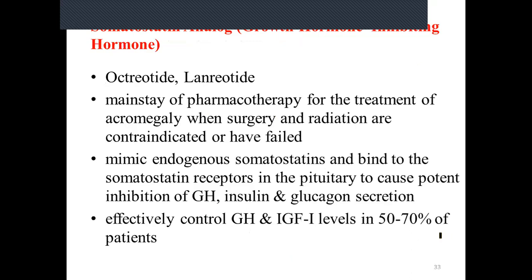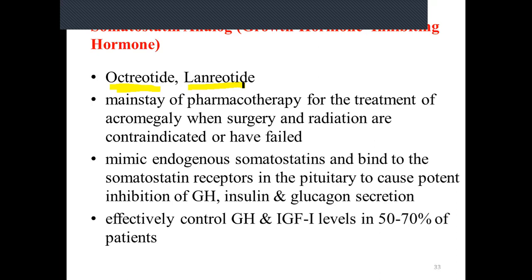So as I mentioned before, somatostatin analogs, we do have the short-acting octreotide, and we also have lanreotide, which is another somatostatin analog that is very important for treatment.